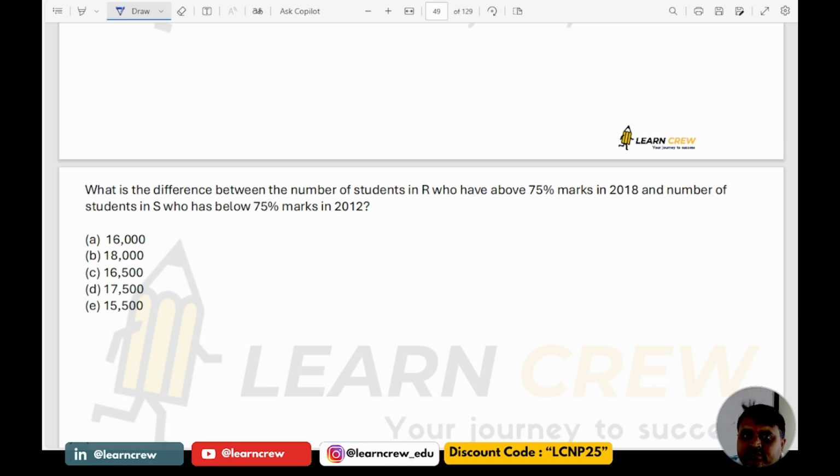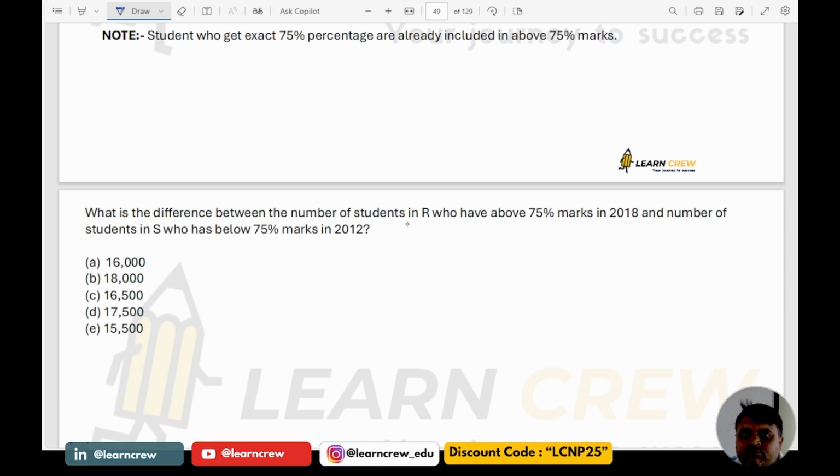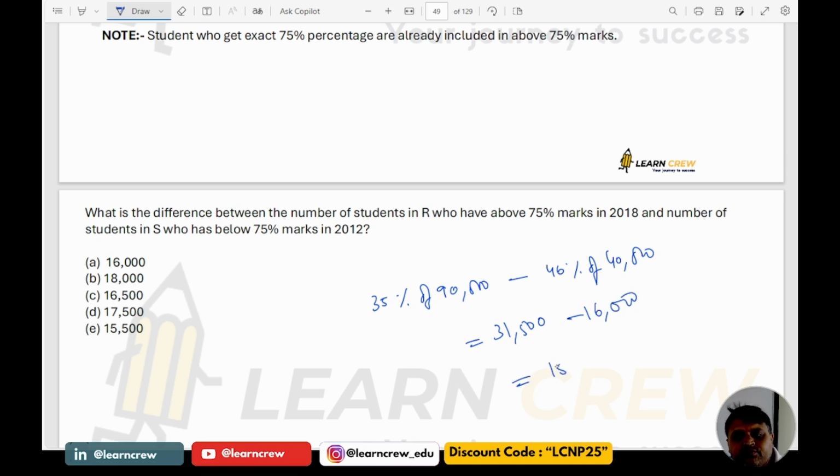Above 75% you have 35% of 90,000, and below 75% in S in 2012 is 40% of 40,000. If you subtract this, it is 31,500 minus 16,000, so you will get 15,500. So the answer is 15,500.